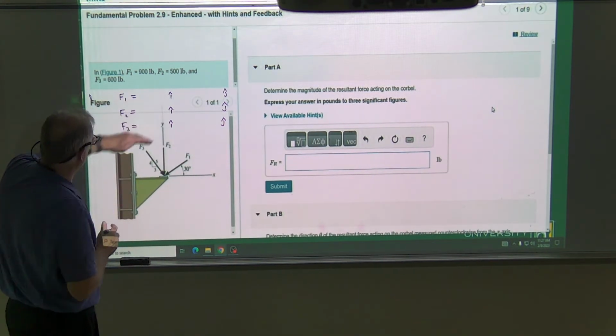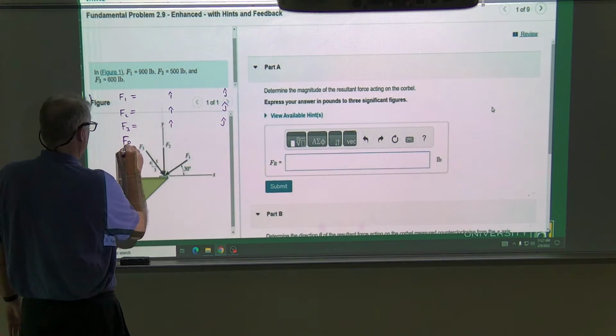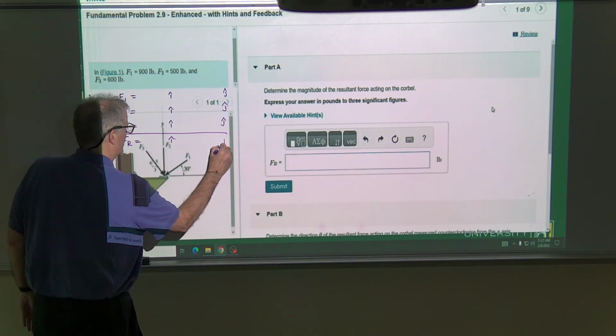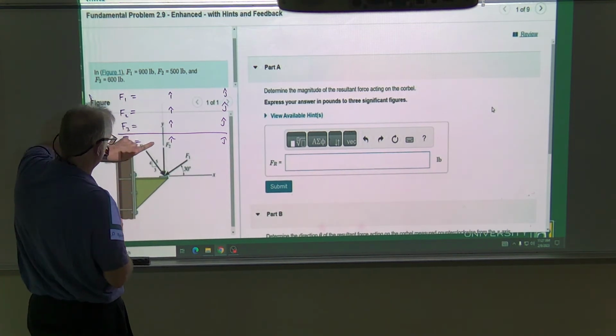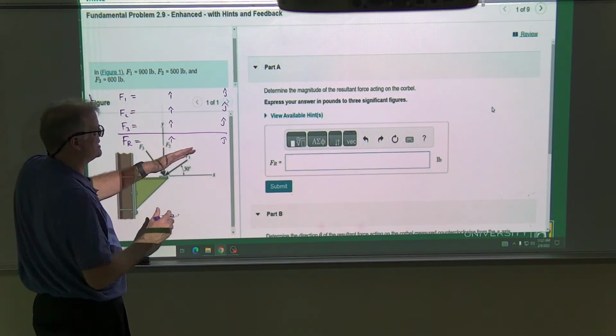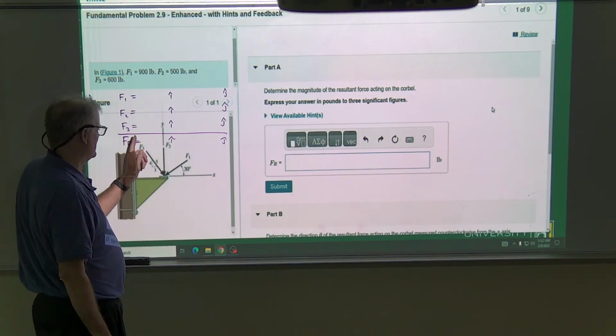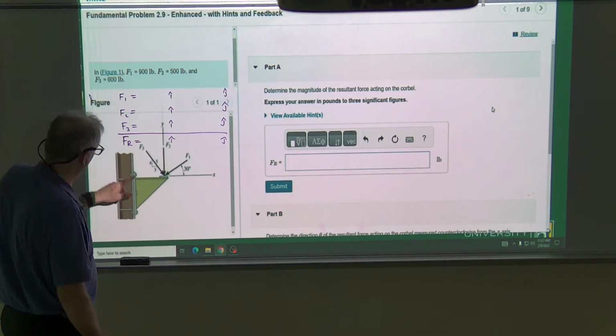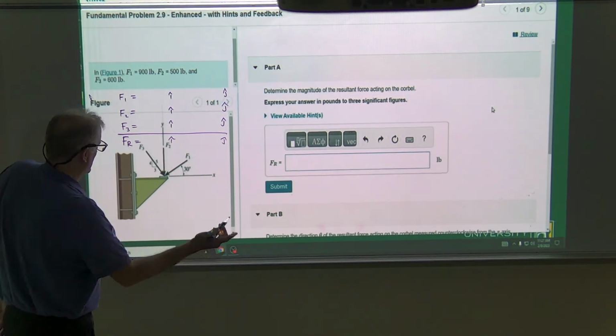I'll list this, and then I'm going to say the resultant is equal to the sum of I and J. So I'm going to add this and this and this to get that. This and this and this to get that. And then I'll be done, except I've got to take the magnitude, so I've got to take that squared and that squared, take the square root. But I've got to figure out F1 first. F1 goes back to the left.